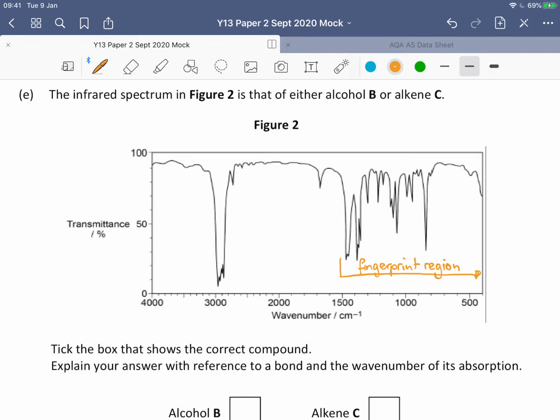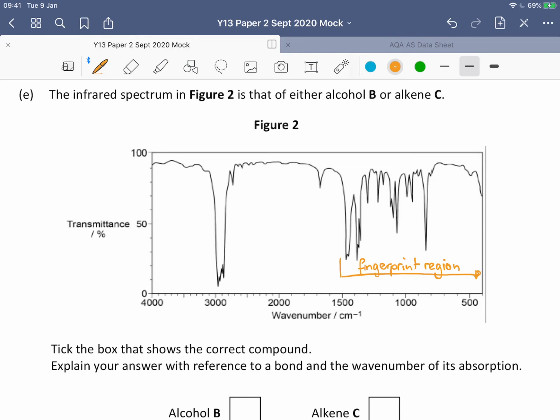But for the purposes of your A-level, what you need to appreciate is that the fingerprint region exists, that it is unique to every molecule, and that therefore you can in theory use it as a match, as a way of identifying molecules. But in terms of us trying to decide whether this is B or C, it is completely irrelevant.